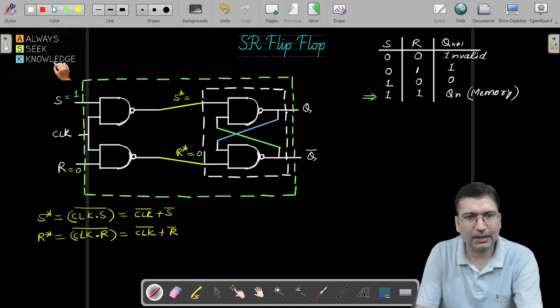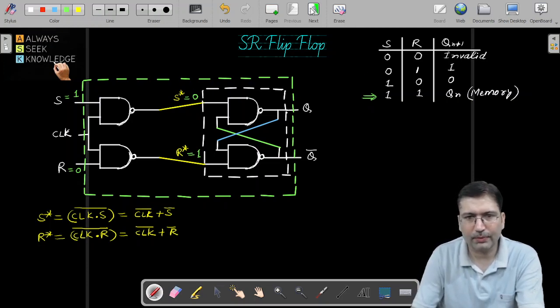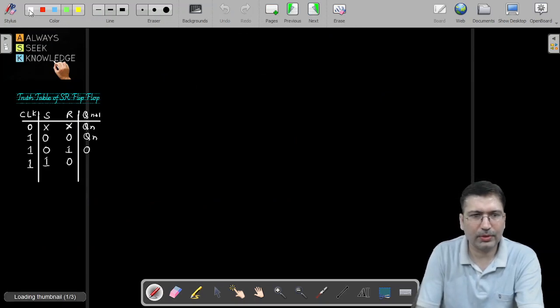So this S star will give us 0, and this R star will give us what? This is 0 and this is 1, so 1 0 will give us 1. And if you look at the truth table of this SR latch, when it is getting 0 1, the output is 1 only. So here we will get output as 1.